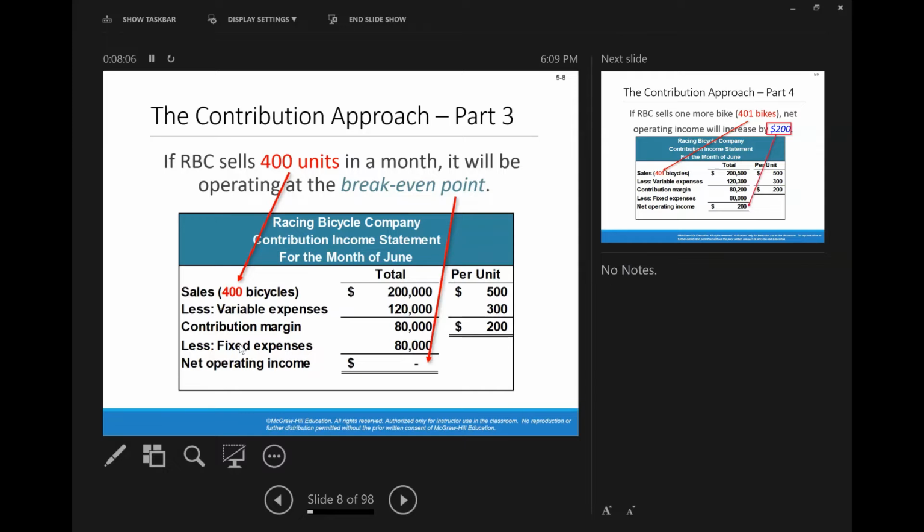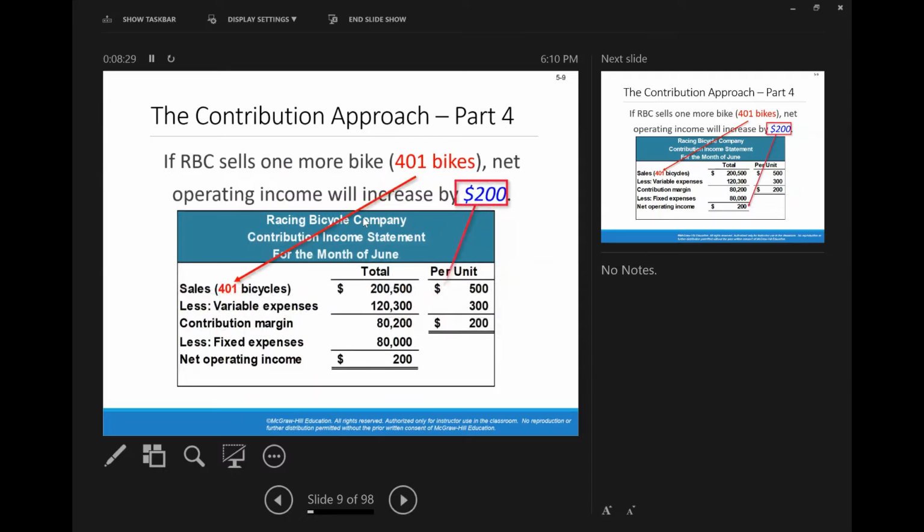So now it's covering just our fixed expense. The zero profit means we're at a break-even point. Does that make sense so far? Like how you look at it and you can tell, okay, if I'm selling at a certain amount, here's my fixed, I come to a zero, that's the break-even point. We'll go into it a little bit more later, but I want to make sure y'all understand.